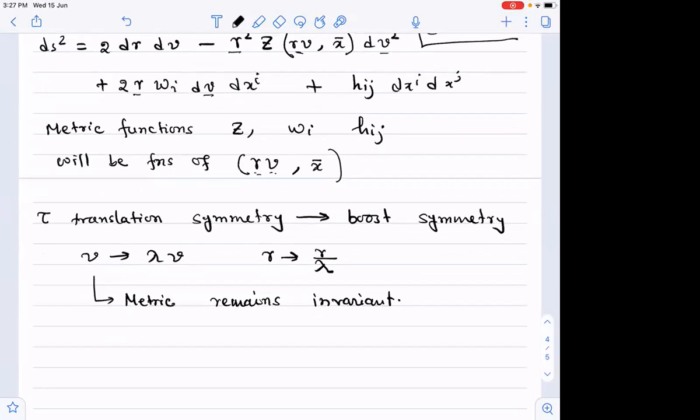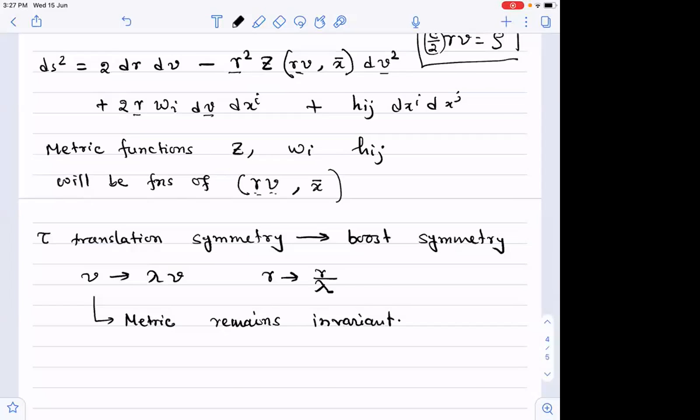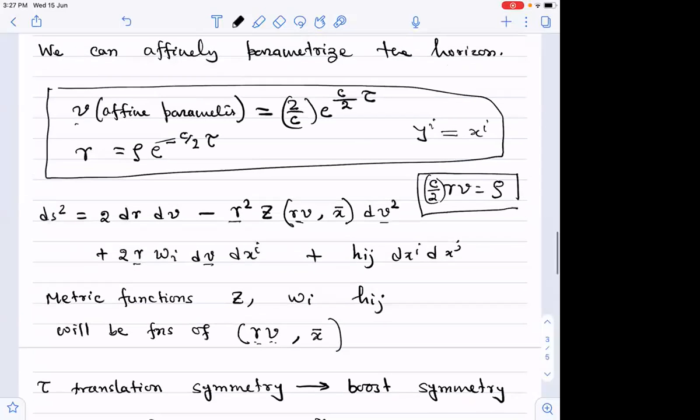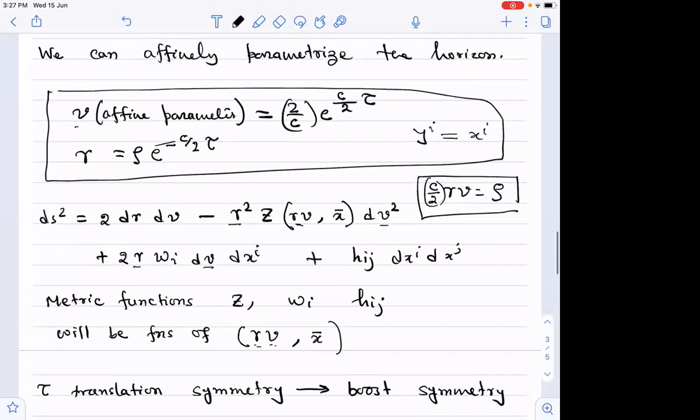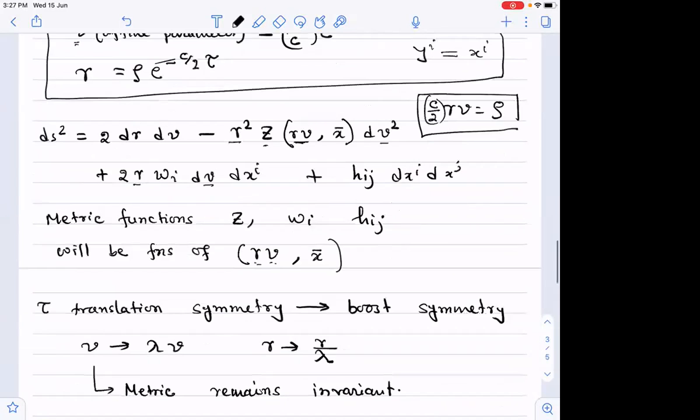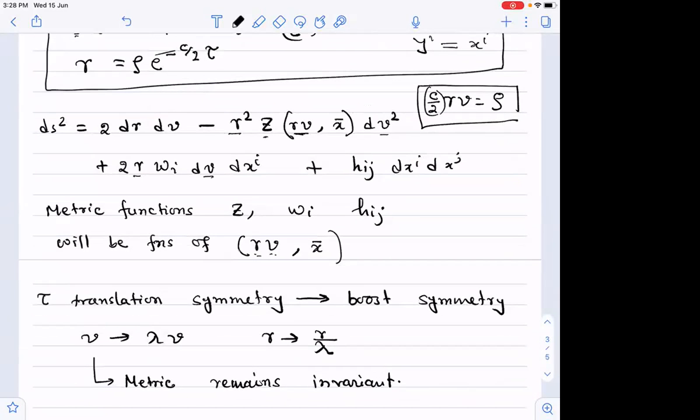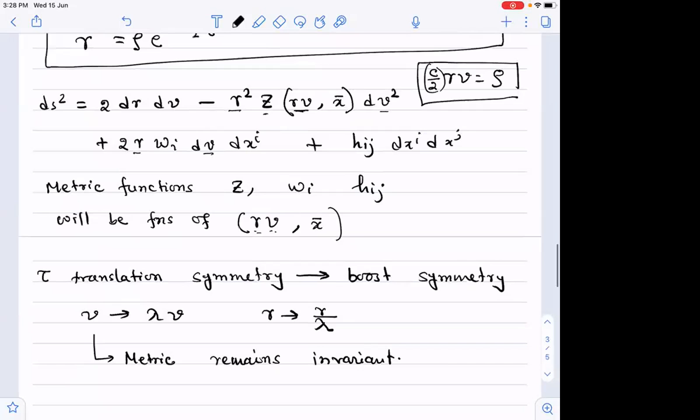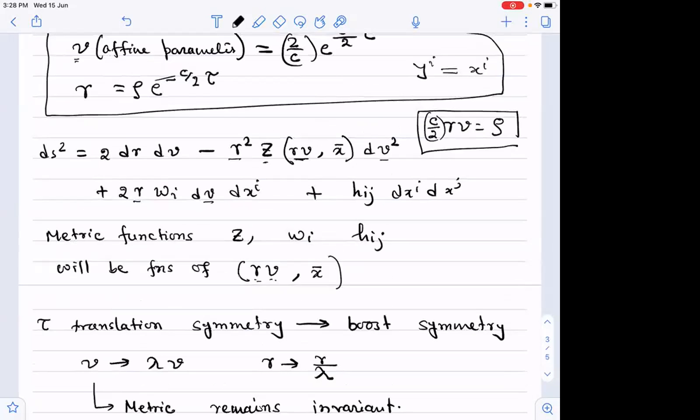Just to emphasize, we can always affinely parameterize the horizon and do the coordinate transformation. But in that transformation, the metric will not be a function of R times V alone; it will depend on y i also if C is not constant. Because C is constant, it becomes just a function of R times V, and everything has a manifest boost symmetry. That will be heavily used to construct the first law, the second law, and even an entropy current on the horizon.